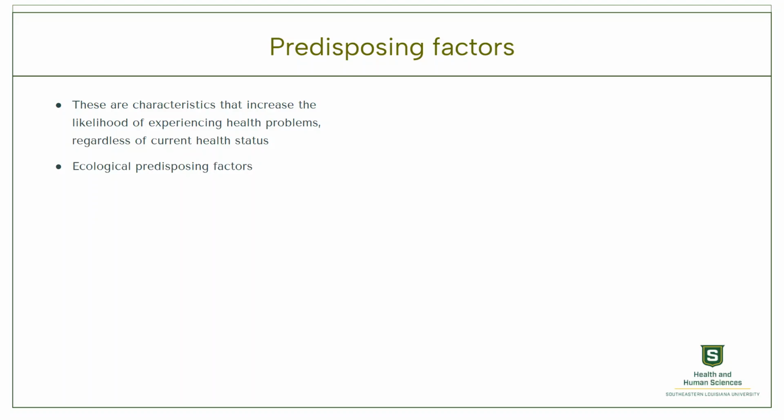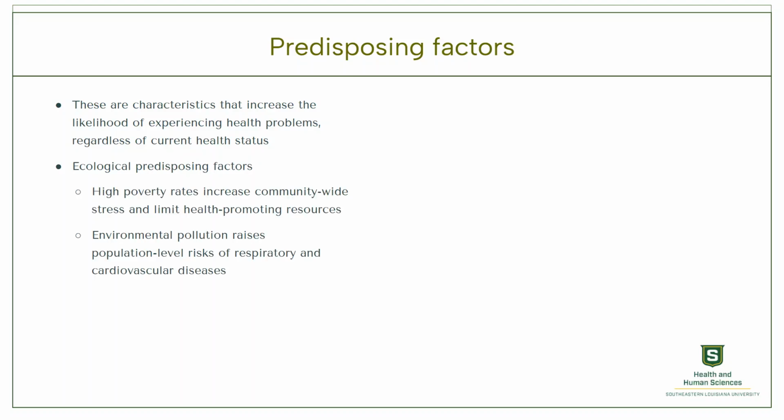So, on the ecological side, we have things like high poverty rates, and environmental pollution that increases population health levels of respiratory or cardiovascular diseases. You also have things like social stigma around mental health, which discourages help seeking behavior. I'm going to give an example of this.